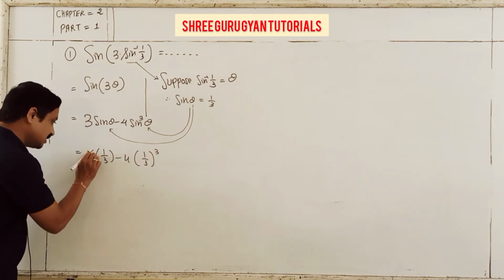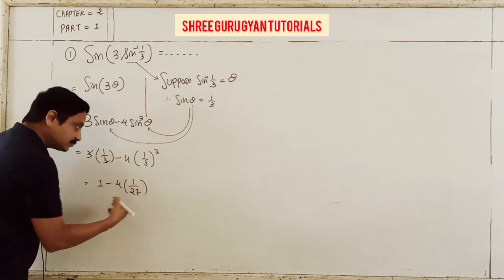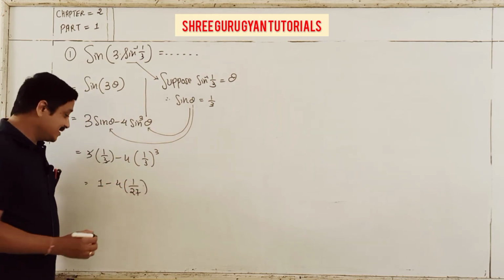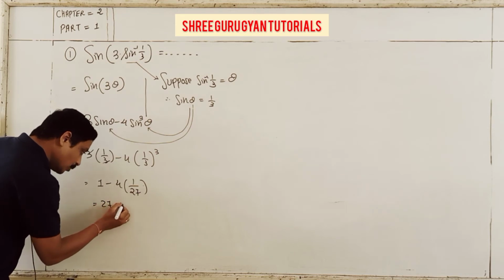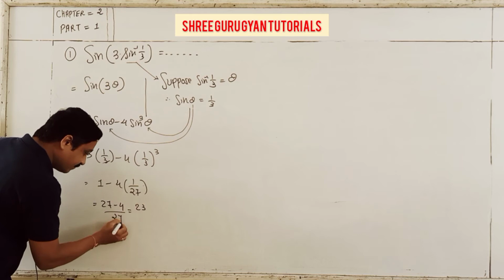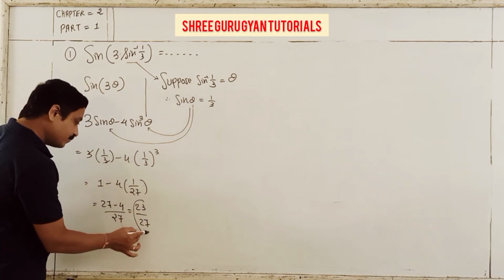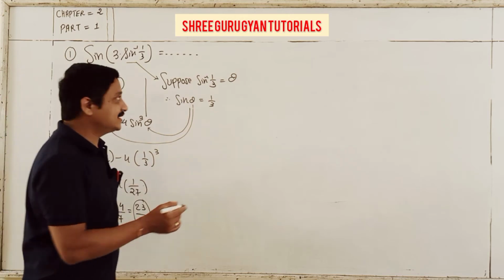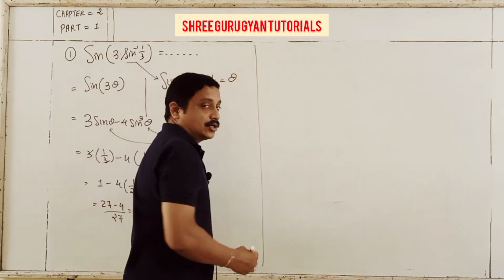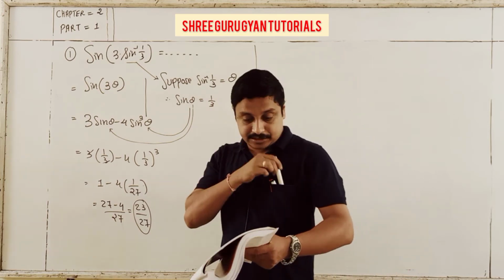So your answer is only 1, and here 1/27. Very easy. So 27 minus 4, by 23, which is 23/27. That's your first little answer done. You slowly write down, students.